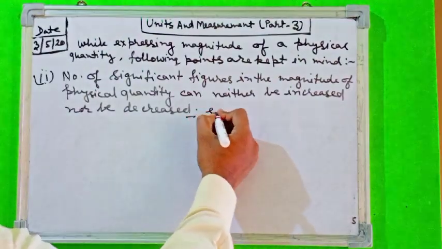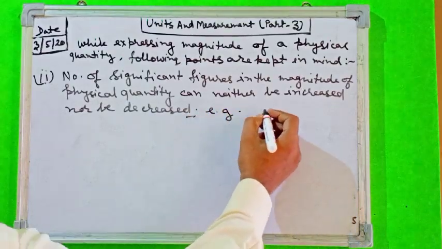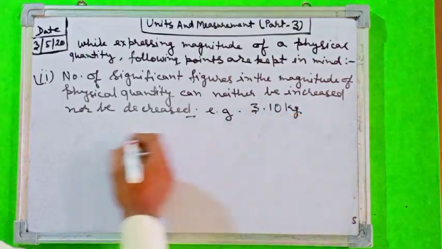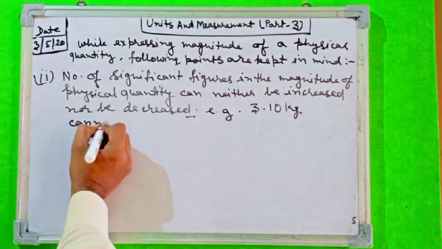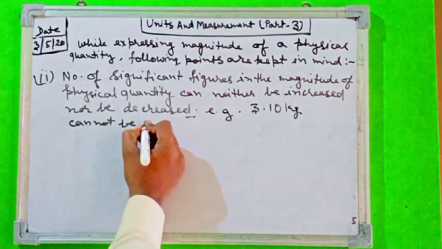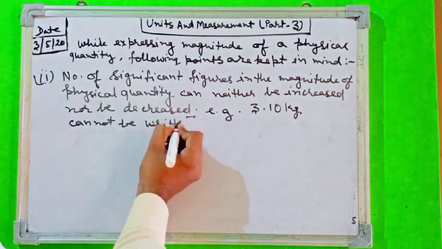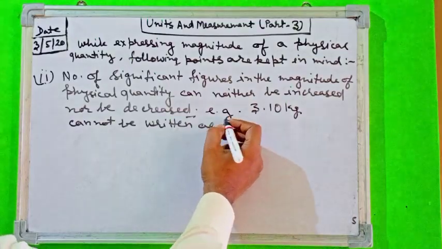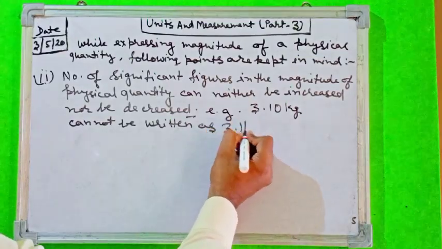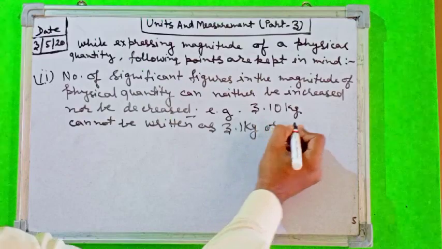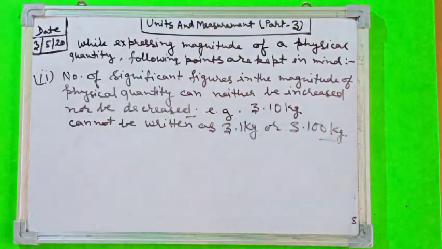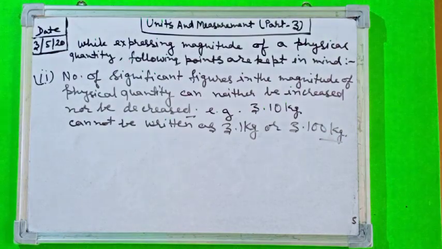Example: 3.10 kg cannot be written as 3.1 kg or 3.100. Means you can't increase or decrease the number of significant figures in the measured value.